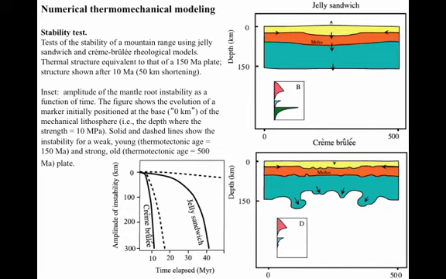The inset, the lower figure, shows the amplitude of the mantle root instability as a function of time. The figure shows the evolution of a marker that's initially positioned at the base, so 0 kilometers, of the mechanical lithosphere. So that's the depth where the strength is equal to 10 megapascals. The solid and dashed lines show the instability for a weak, young, and old, strong plate.